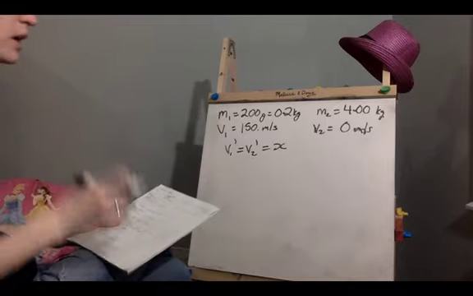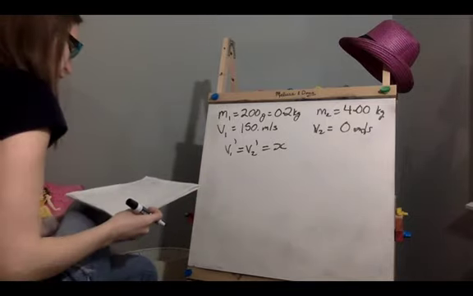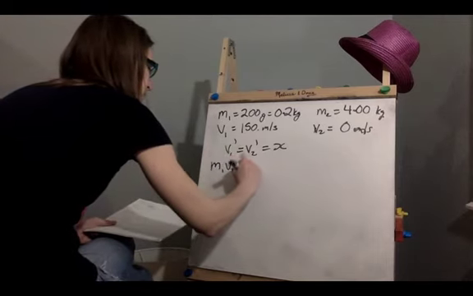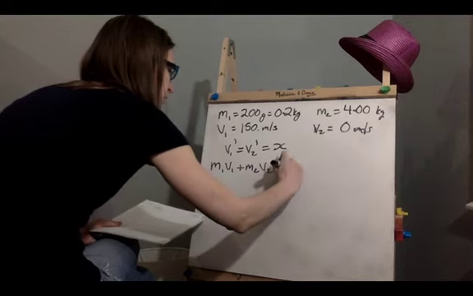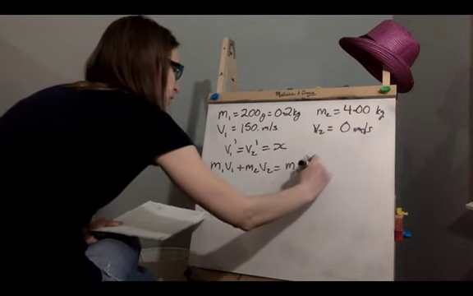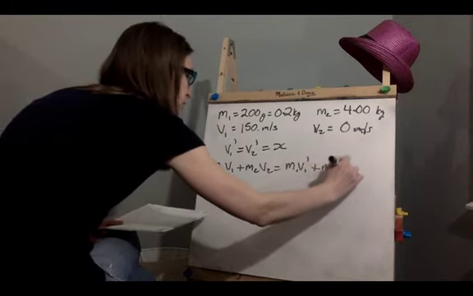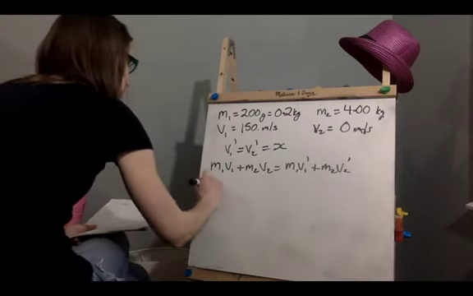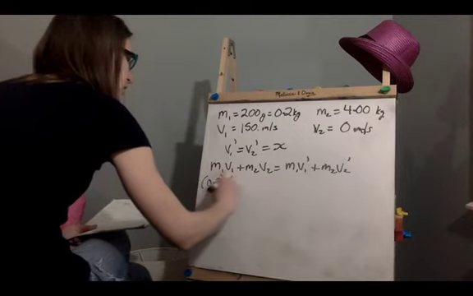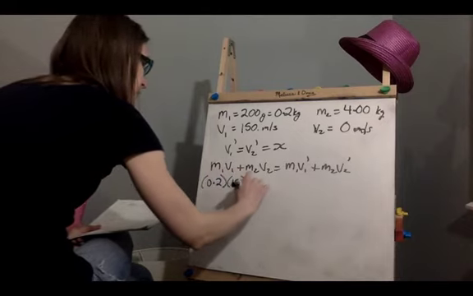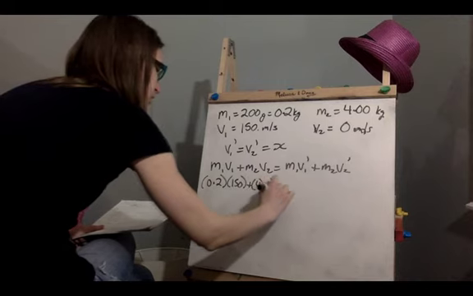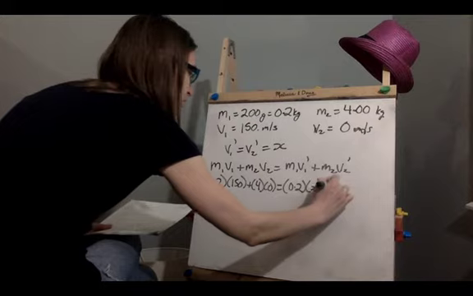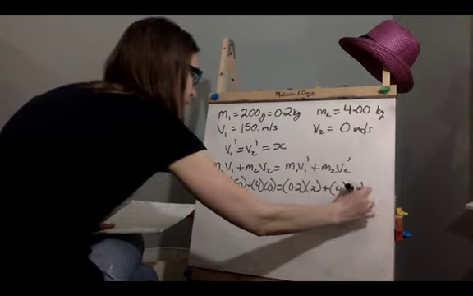Okay, so using our conservation of momentum, we can set up the equation M1V1 plus M2V2 is equal to M1V1 prime plus M2V2 prime, and we can start plugging in our values. This would be 0.2 times 150 plus 4 times 0 is equal to 0.2 times an unknown x plus 4 times that unknown x as well.